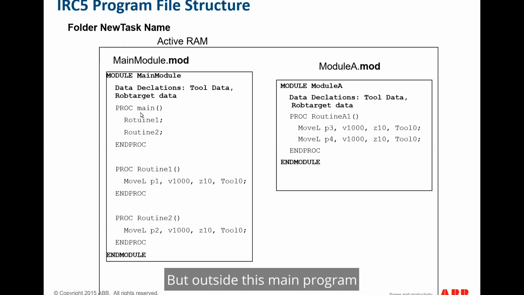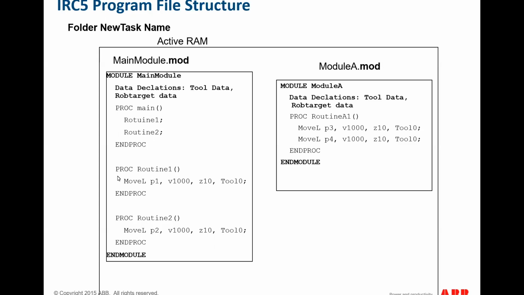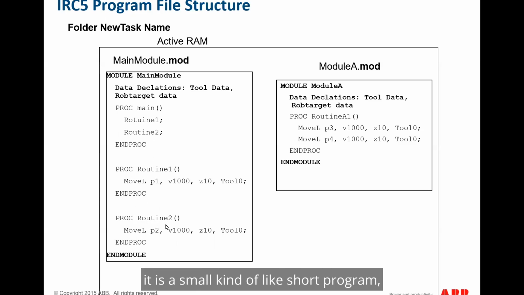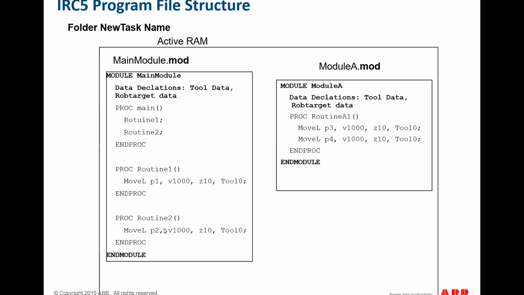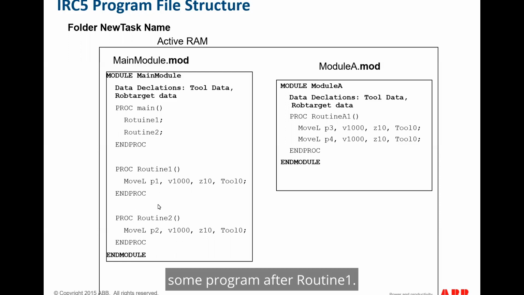But outside this main program, you see routine 1, it is after that, and routine 2 also, it is a small kind of short program, some program after routine 1. They are all located outside the main program.